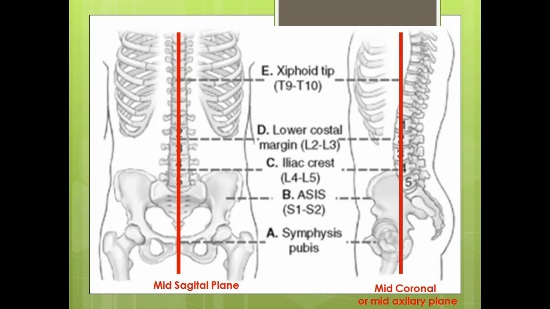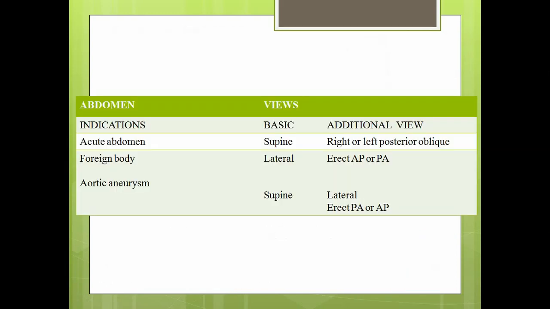I'll explain later during positioning why it's required. In the left image, that is the mid coronal line or mid axillary line or plane. This divides anterior and posterior equally. So these two lines are very important in abdomen radiography.